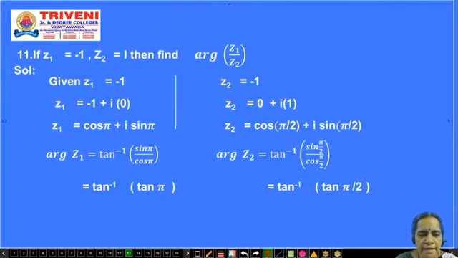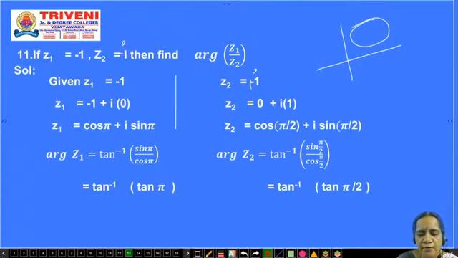And take another one: z2 is equal to i, which we can write as 0 plus i into 1. Here only the imaginary part is there, no real part. 0 and 1 lie in the first quadrant, where sin and cos are both positive.